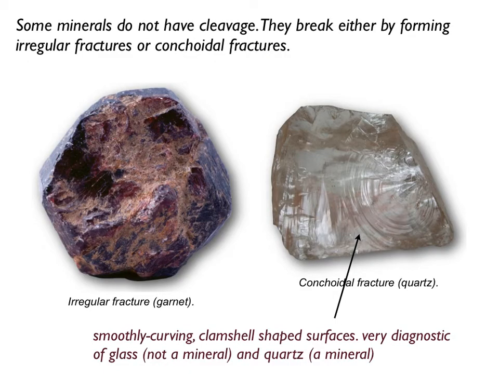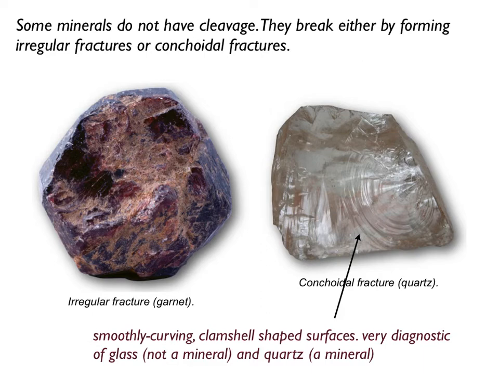Okay, and like I said, some minerals that have equally strong or weak bonds in all directions won't cleave. Instead, they will fracture. And that fracture can be either highly irregular, so sometimes we call that hackly or jagged or irregular fracture, or it can form this very distinctive clamshell-like pattern when it fractures.